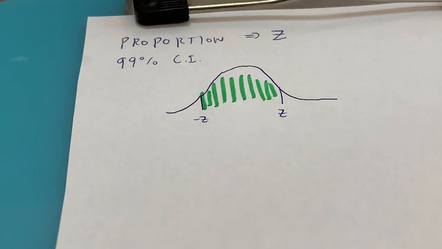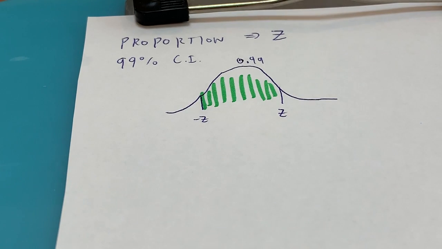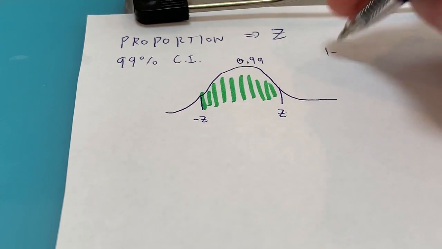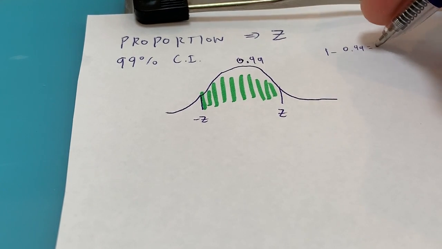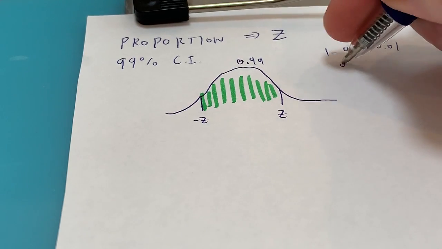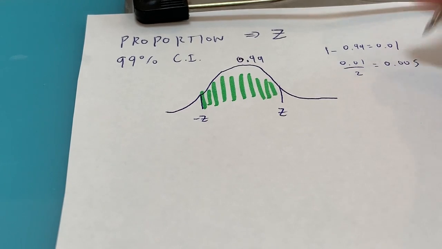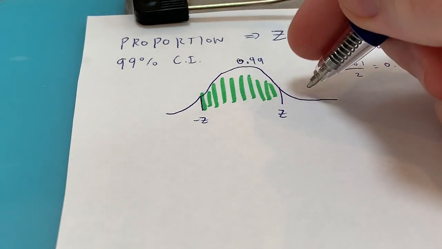Or as a decimal, that's going to be 0.99. That goes in the center. Well, if you've got that amount in the center, that means that 1 minus that is going to be left over, which is 0.01, and then half of that is 0.005. That's the amount that goes in both tails.